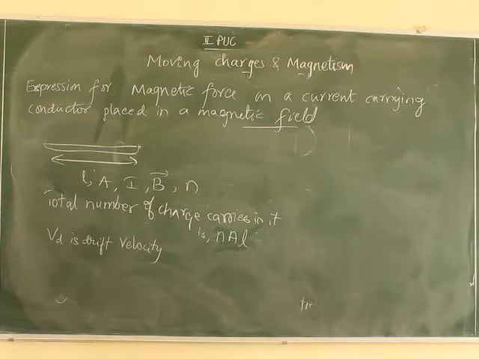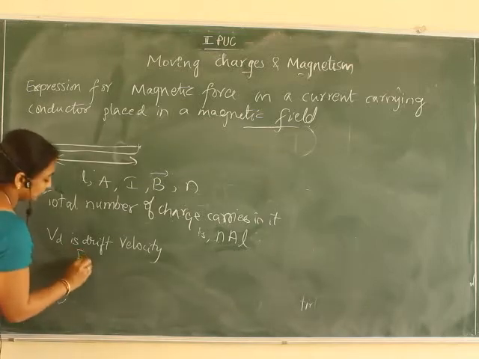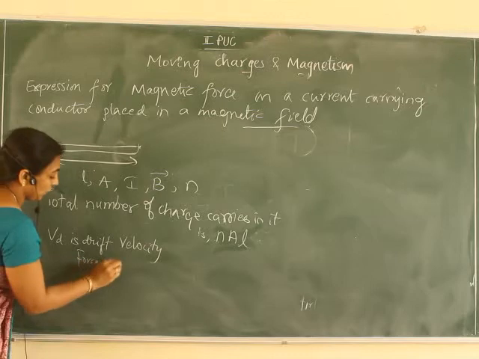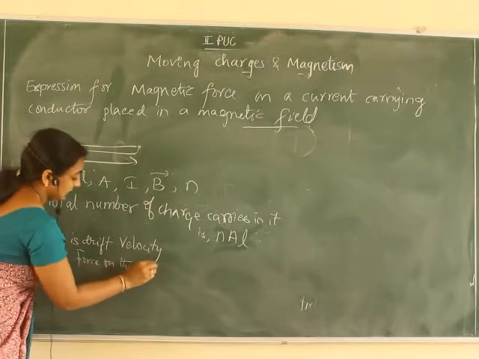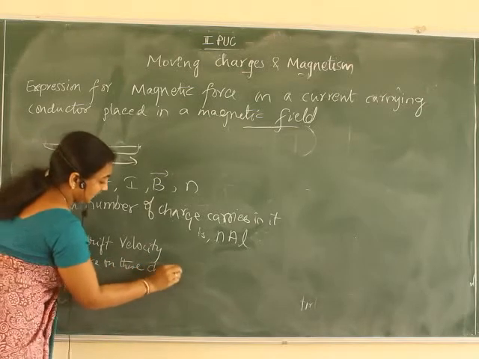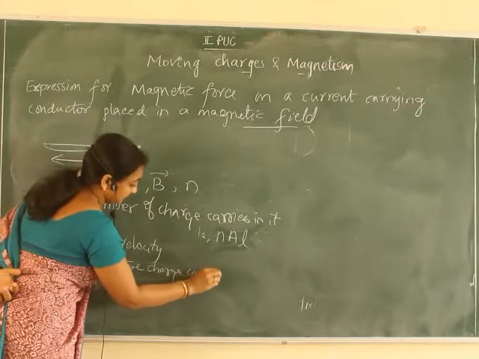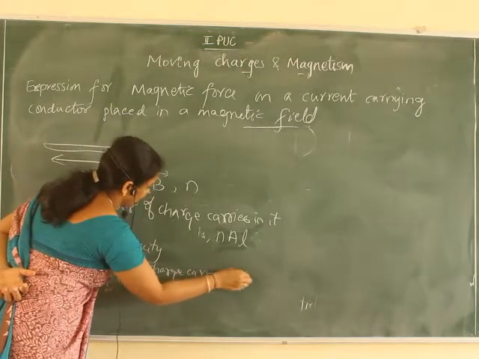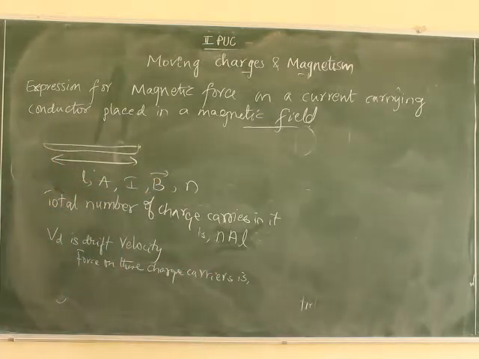if Vd is the drift velocity of the charge carrier, then the force on this charge carrier is, what is the force on these charge carriers?